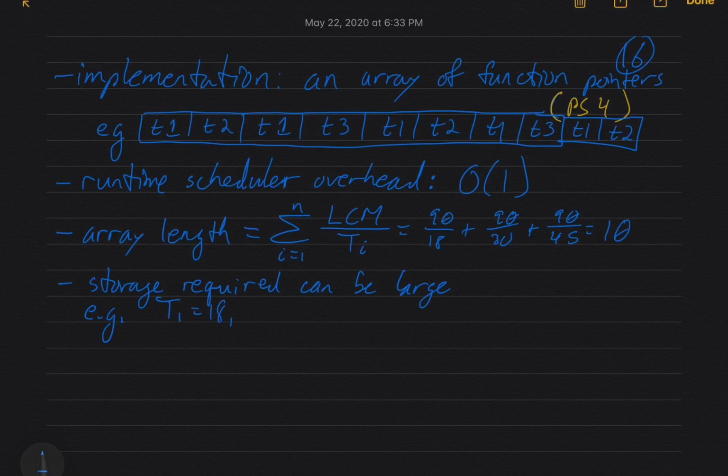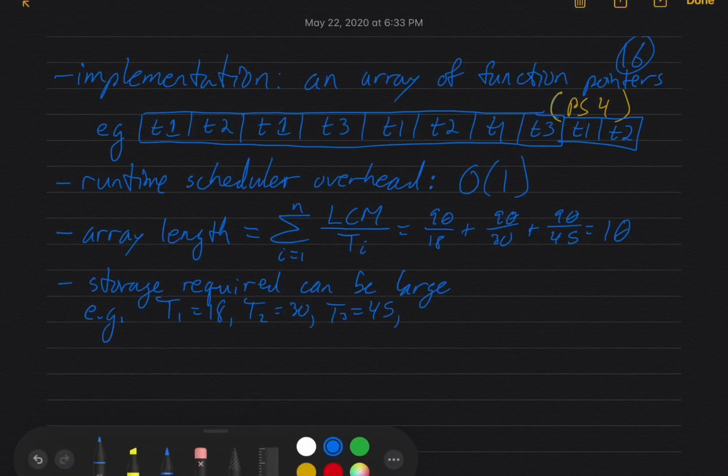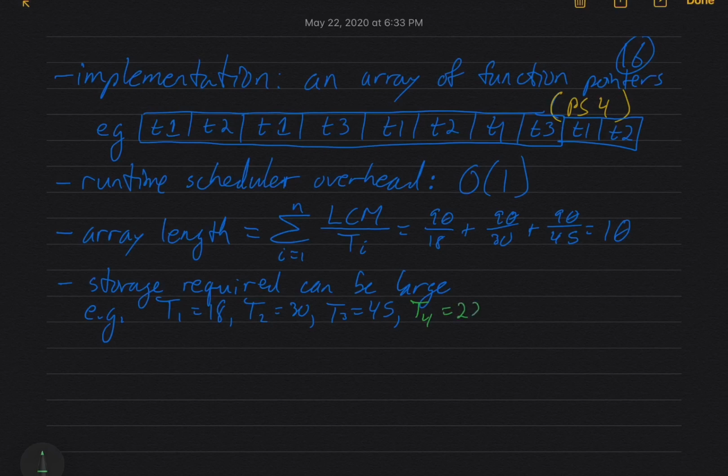Task 1 has a period of 18, task 2 has a period of 30, task 3 has a period of 45. So that's the same as before. And I'll just write these next two. Period of task 4 is 22, period of task 5 is 23.